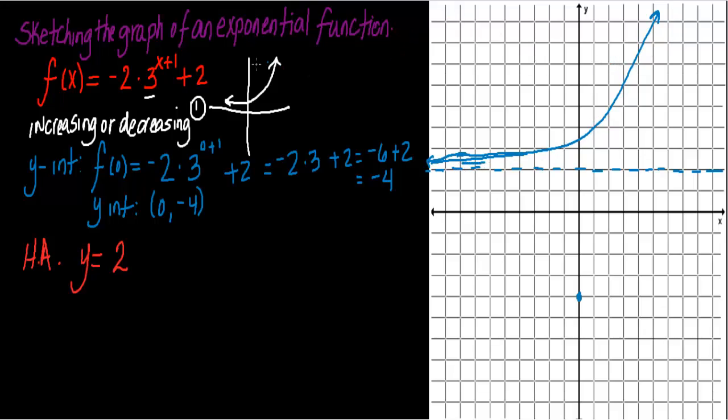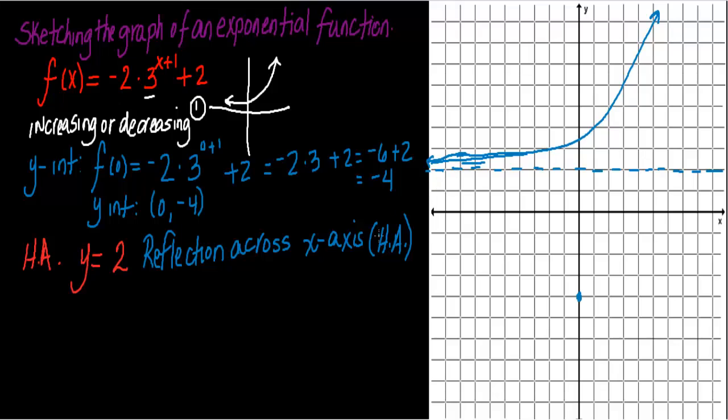That's my original reference. Now since this is reflected, and notice this negative is outside of the function, it means it's a reflection across your x-axis. But in my parent function, the x-axis is also the horizontal asymptote.